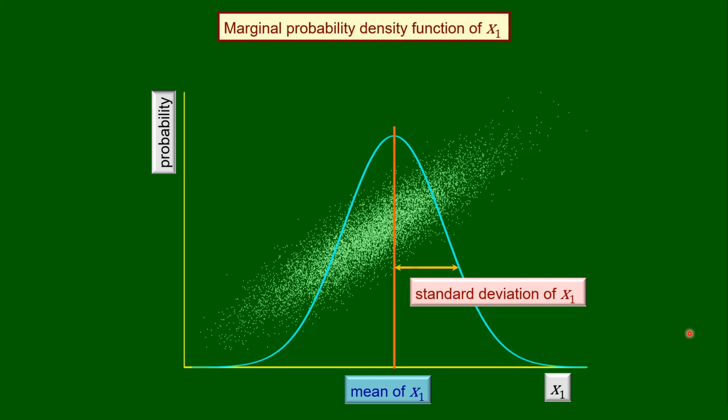In fact, there's nothing more I know about it than that. I don't know its value, but by knowing its mean and its standard deviation, I know about its behavior, I know about the values that it's more likely to take, and I know about values that it's less likely to take.